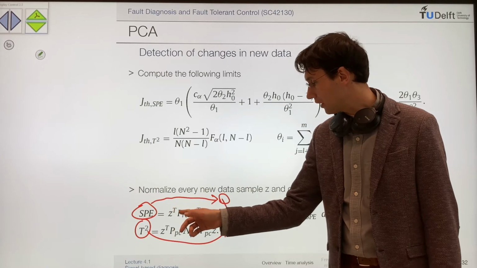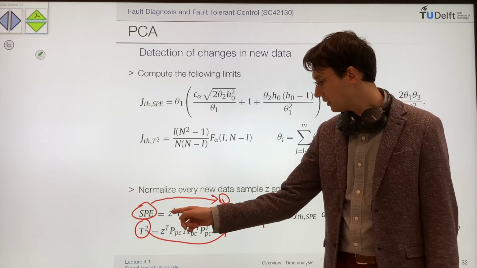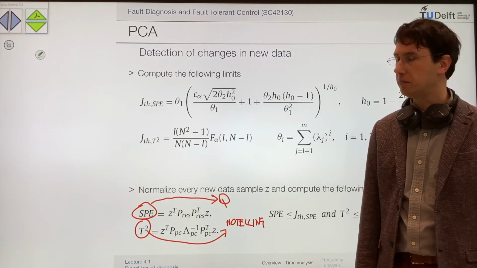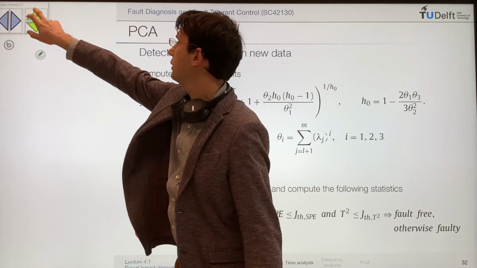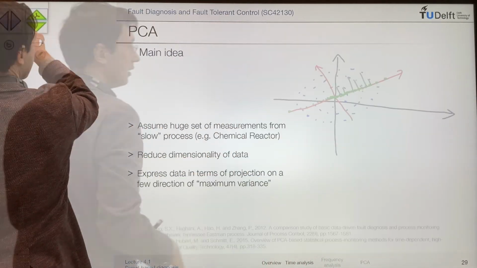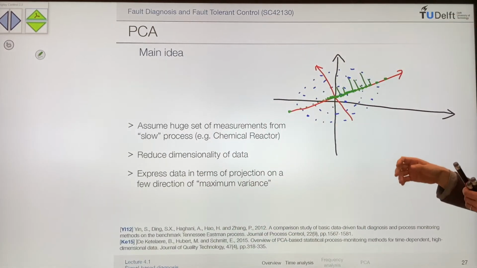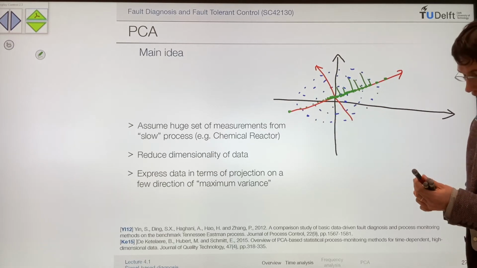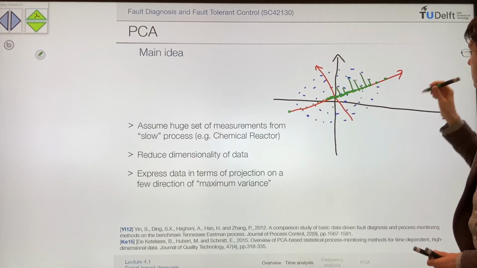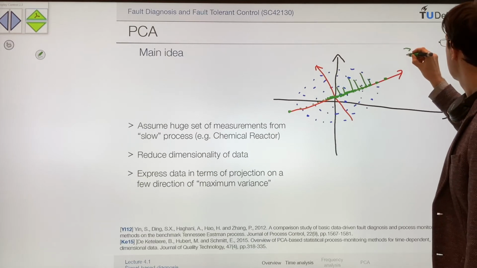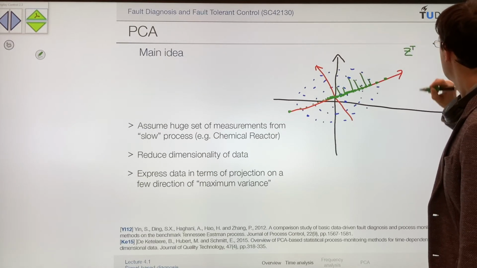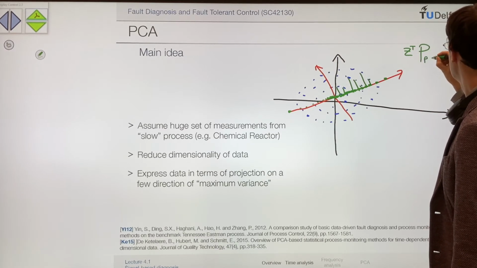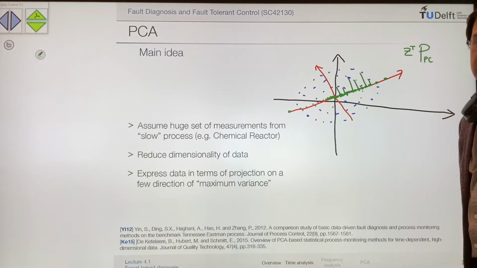And by doing this multiplication, you are projecting Z over these directions. But these are the residual directions. So what does it mean? Let's go back to the figure. In this figure, I showed you what happens when I project over the principal direction. So these green points would be equal to Z transpose that multiplies the matrix P principal components, so the matrix with the principal directions.